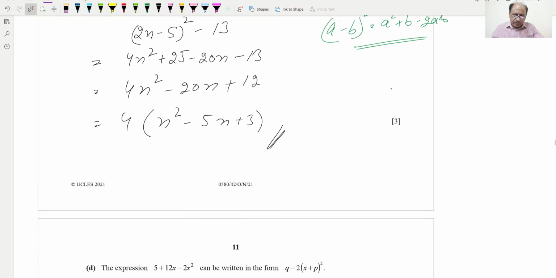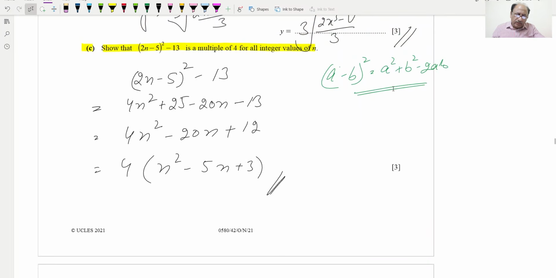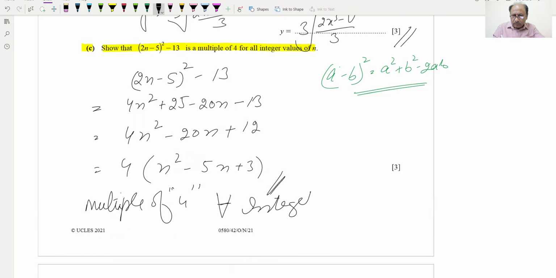Hence it is a multiple of 4 for all integers of n. So this is a 3 mark question which we are done.